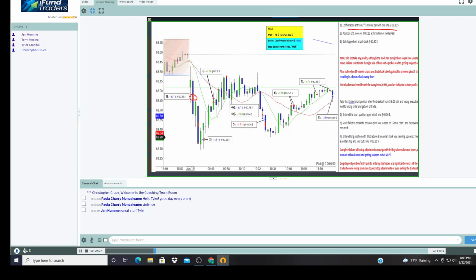Okay, so this is being called a hidden green bar ignored. I think this is an actual green bar ignored right when it breaks the low. This looks a little early to me. So let's see. Yes, I have a question for you. Is this the first green bar ignored?